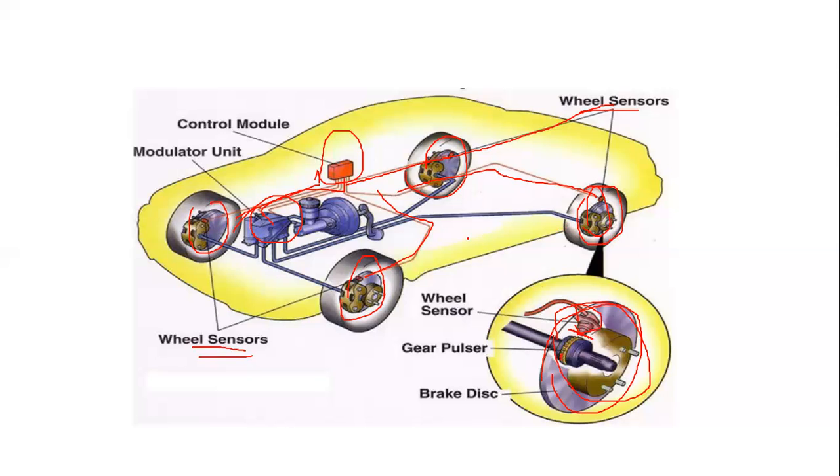traction control unit. Why do we have to install this traction control unit? Obviously there will be ABS, and that will prevent wheel locking. So why do we have to go for this EBS? The reason is that in case of ABS, we can prevent the vehicle from slipping.